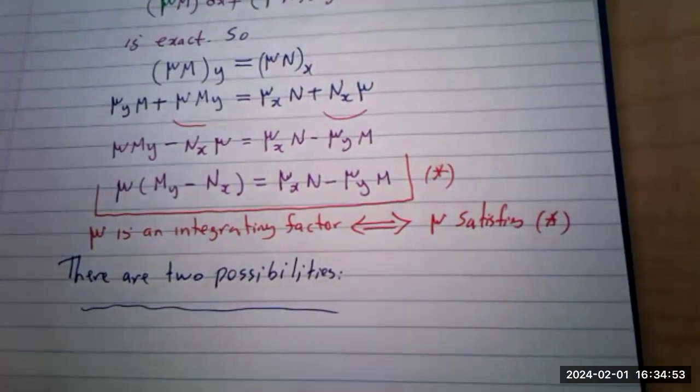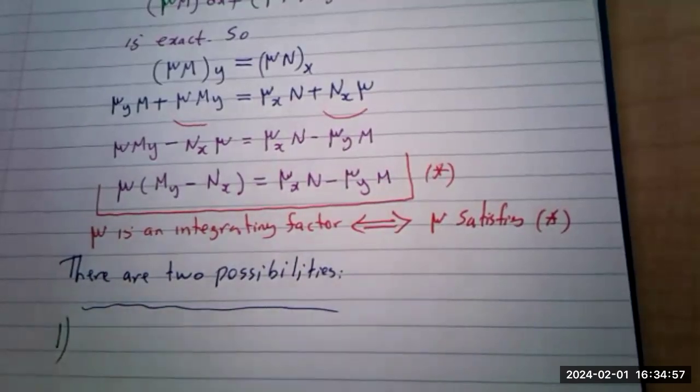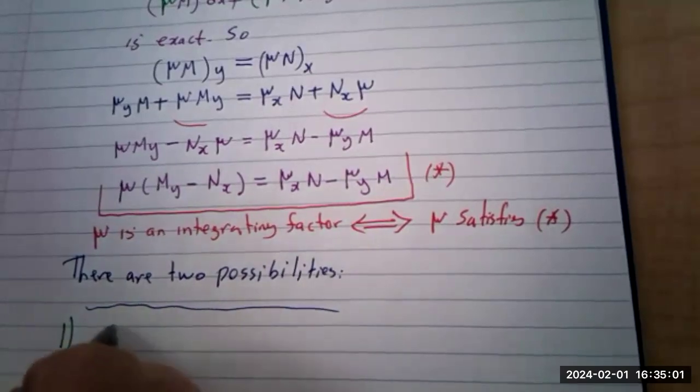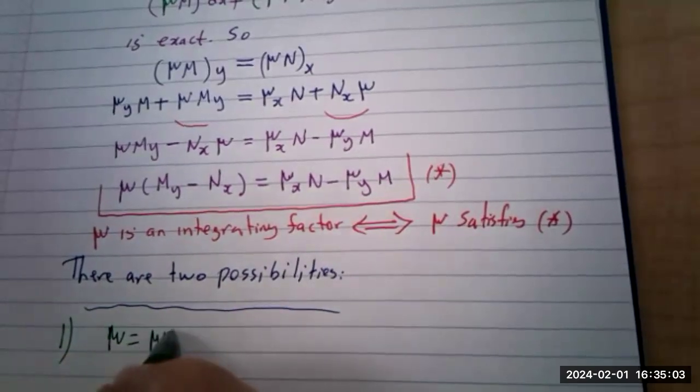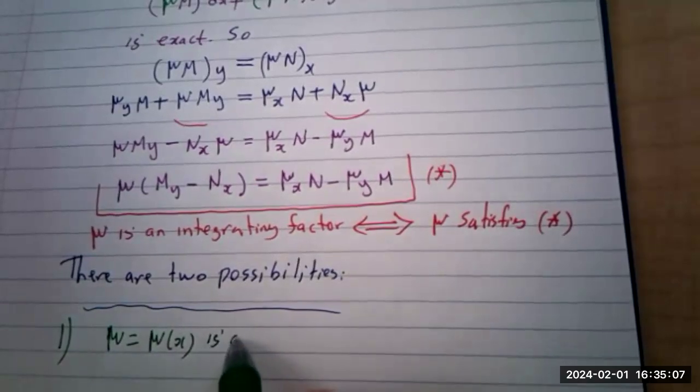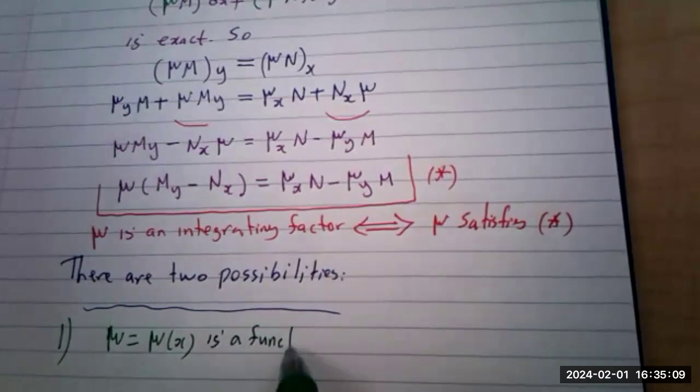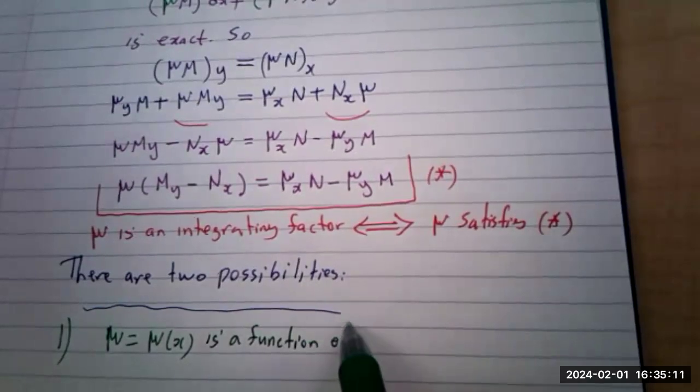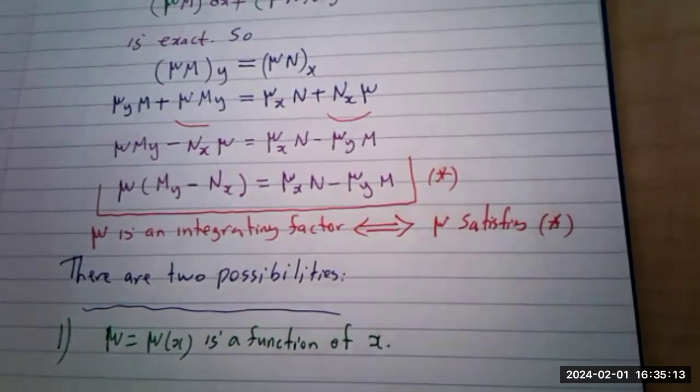We call it case 1 and case 2. Case 1, if mu is only a function of x, mu equal to mu of x, is a function of x only. Okay, that's going to be case 1.